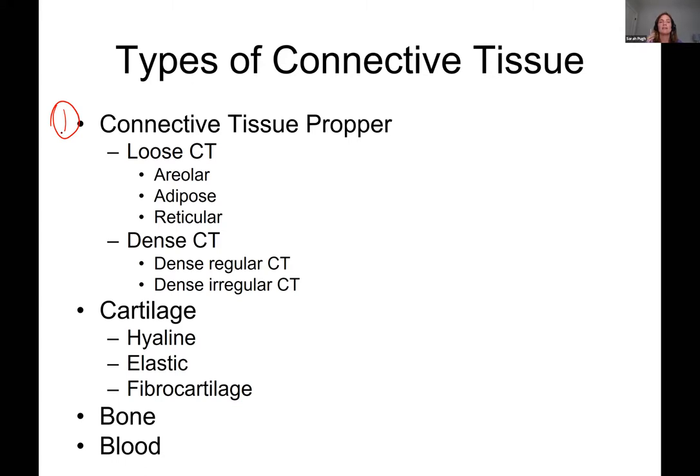Remember these are things like ligaments and tendons. So connective tissue proper is divided into a loose and a dense connective tissue proper. We'll also go through our 3 types of cartilage on Wednesday. We'll talk about our bone and our blood. Okay, so those are our connective tissues that we will walk through.